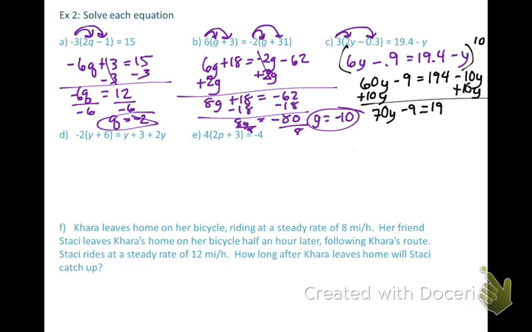Add 9. 70y equals 194 plus 9 equals 203 divided by 70. Divided by 70, y equals 2.9.